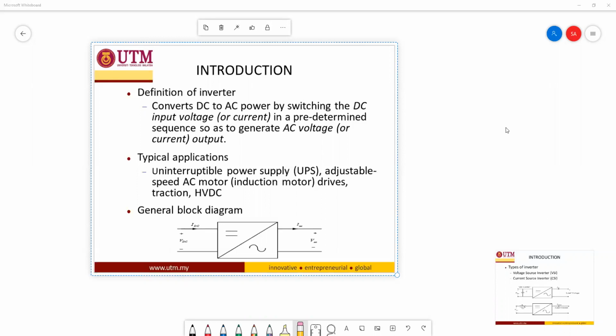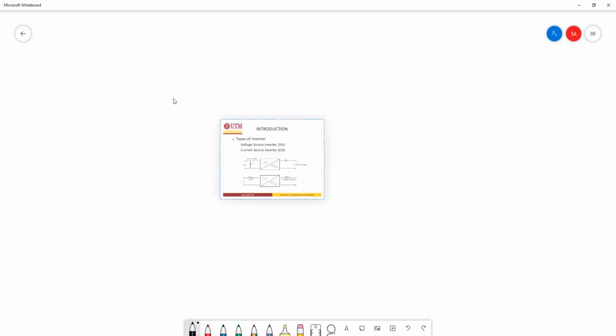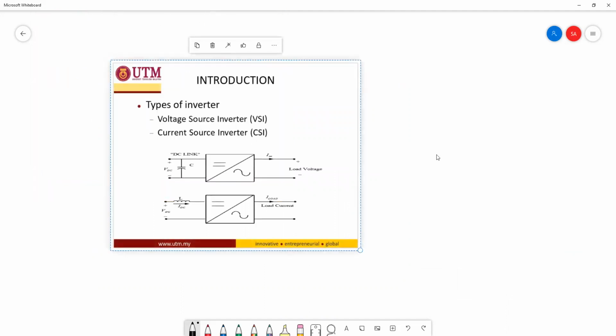And this is the general block diagram of the inverter. As you can see, we have DC power, and the symbol of the DC, and then the output is actually AC power. And there are several types of inverter. The first one is what we call the voltage source inverter.